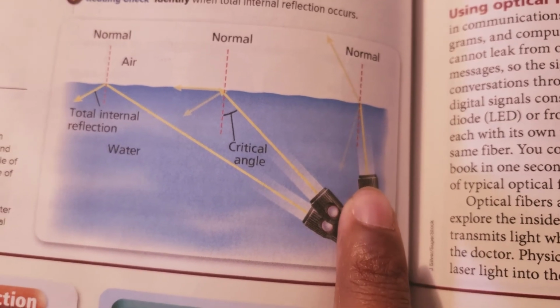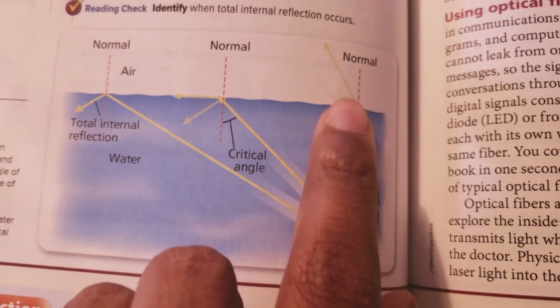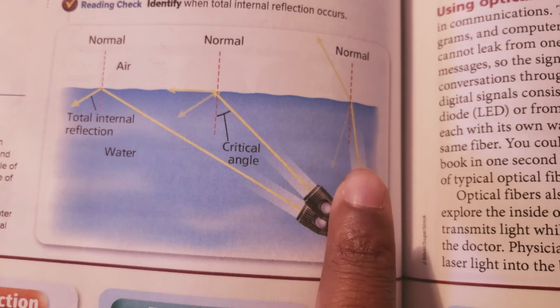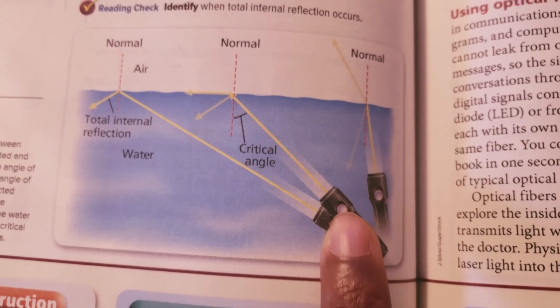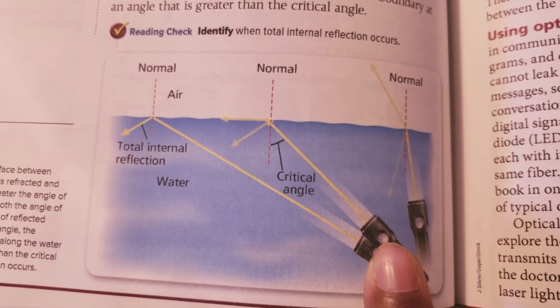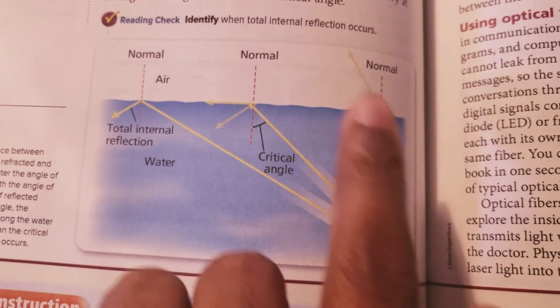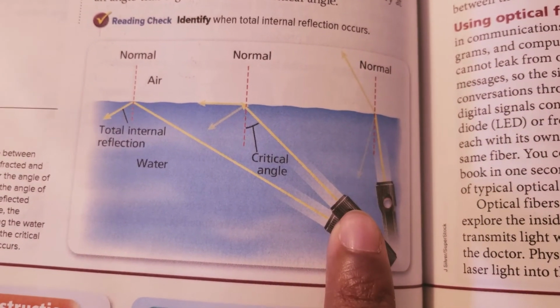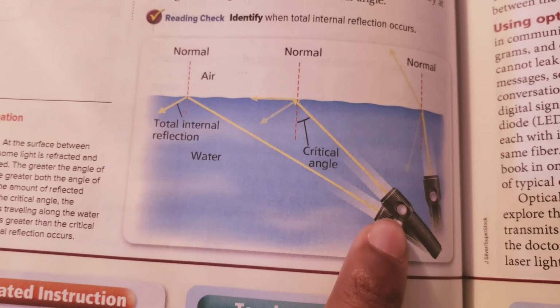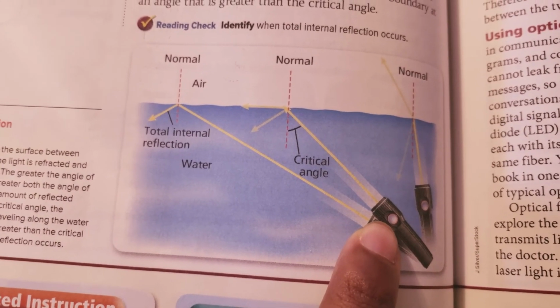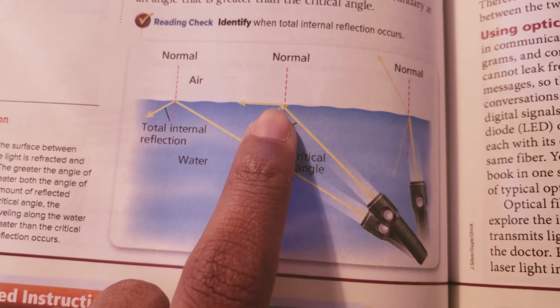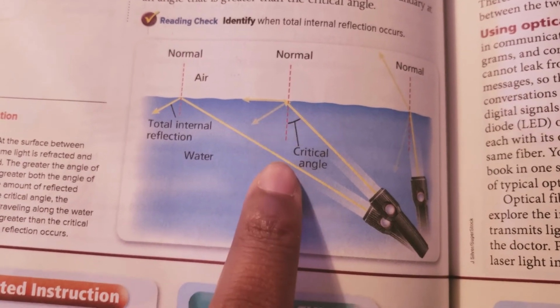And you see that as the light is being shined at an angle, some of the light is being refracted into the air and some of it is coming back into the water. So this is when we talked about partial reflection. So you have part of it going into the air and the rest of it going back into the water. Now, when you have more of an angle and you're shining the light at the boundary of the water, you're going to create a critical angle.